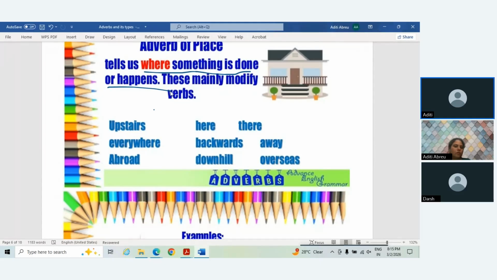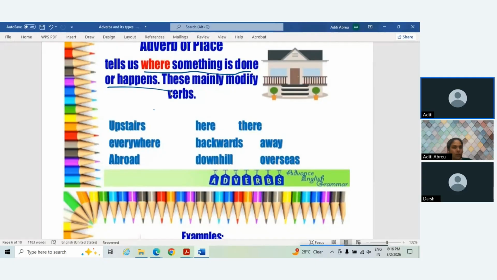Some words you might find in adverb of place and in preposition, similar, like inside, outside. So how do you come to know which is an adverb and which is a preposition? If the word is before or after a verb, like go play outside, or come inside, where the verb and the adverb are together, then it will be adverb of place.